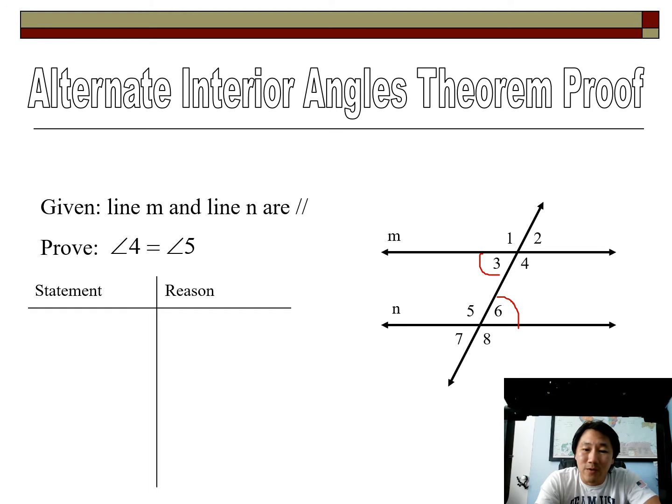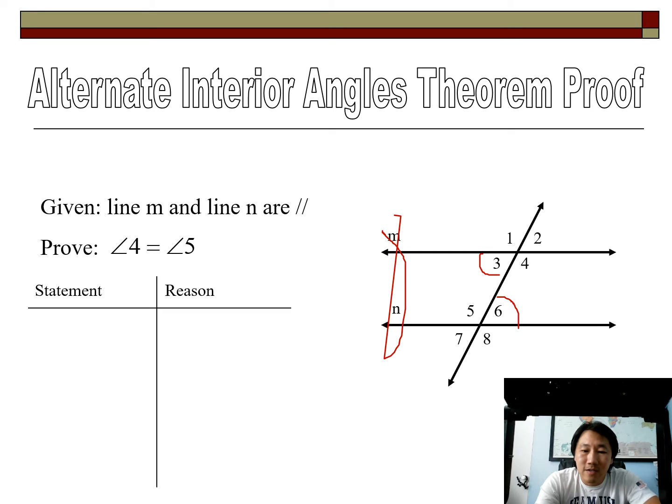So for example, angle 3 and angle 6 are alternate interior angles. And we also were told that all alternate interior angles are equal, but only if we have parallel lines. All right, and today we're going to prove it.